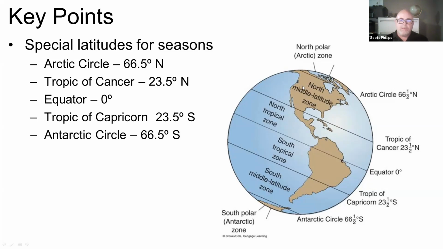We have what's called the mid-latitudes between the tropics and the Arctic Circle, or the tropics and the Antarctic Circle. And then we have the polar regions above the Arctic Circle or below the Antarctic Circle. And the polar regions are those regions that can be up to 24 hours of daylight or 24 hours of darkness, depending on the time of year.